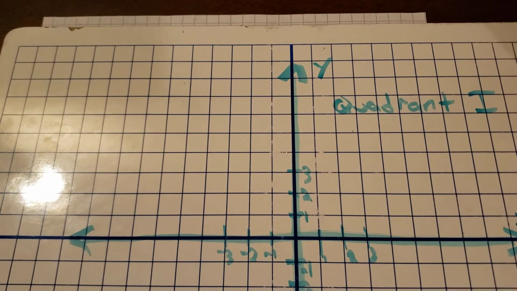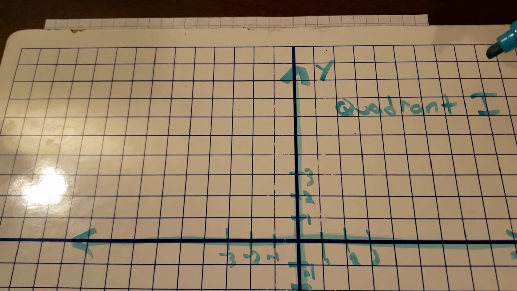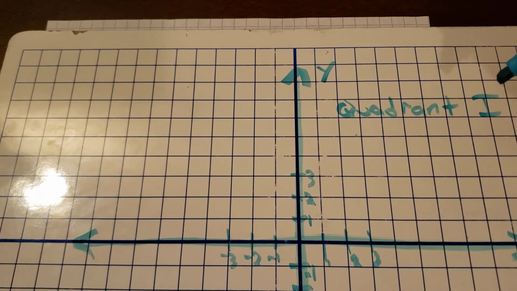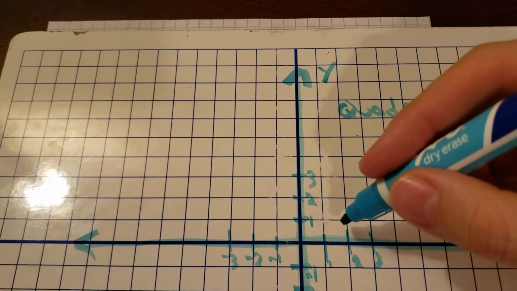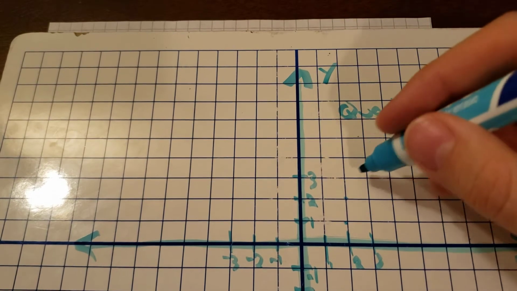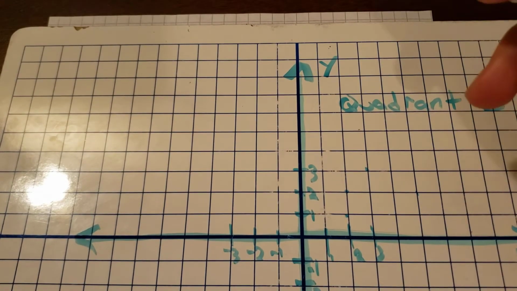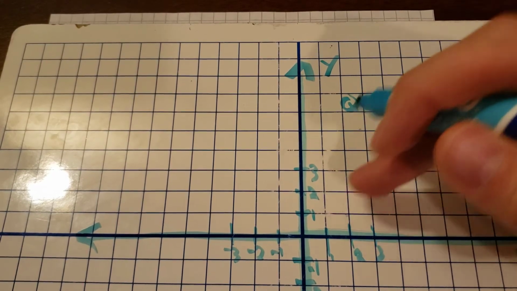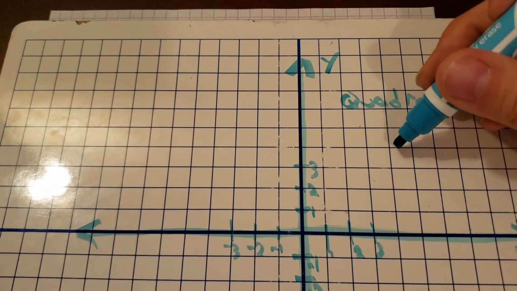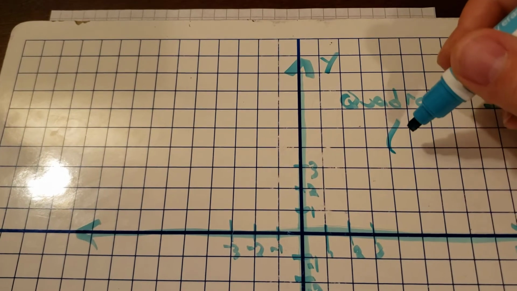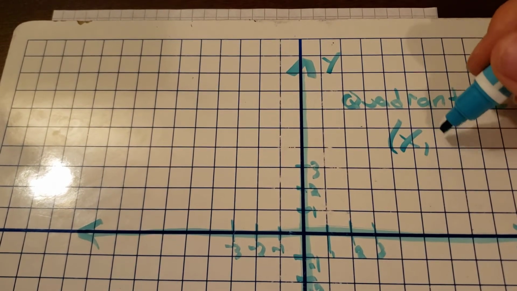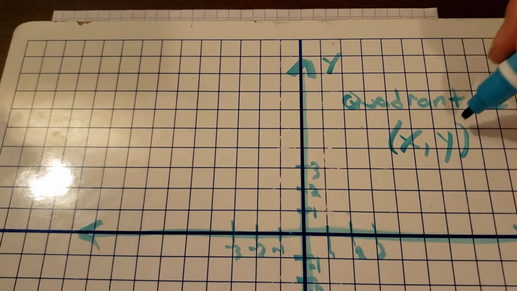Quadrant 1. Now, the other thing that we will be measuring is points. So each of these intersections are different points. And the way that we label them, we label our points in parentheses. We have our x value, comma, our y value.